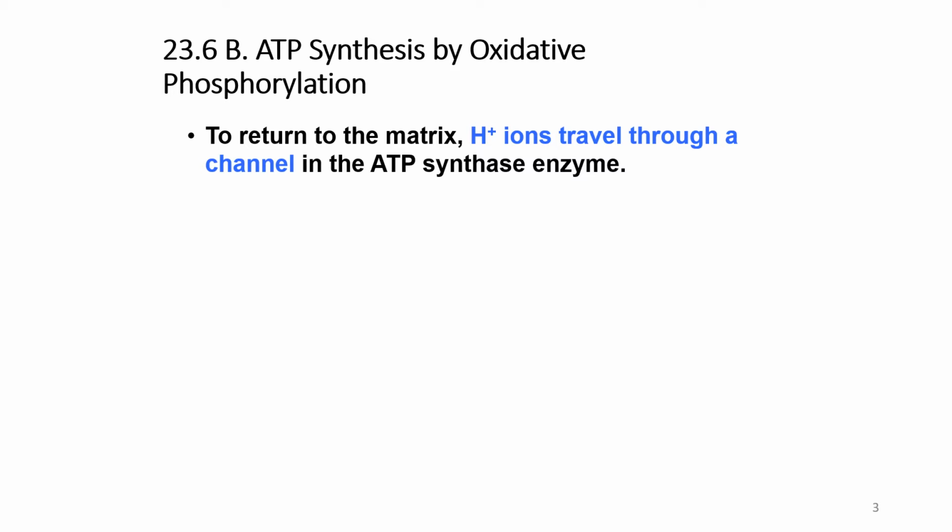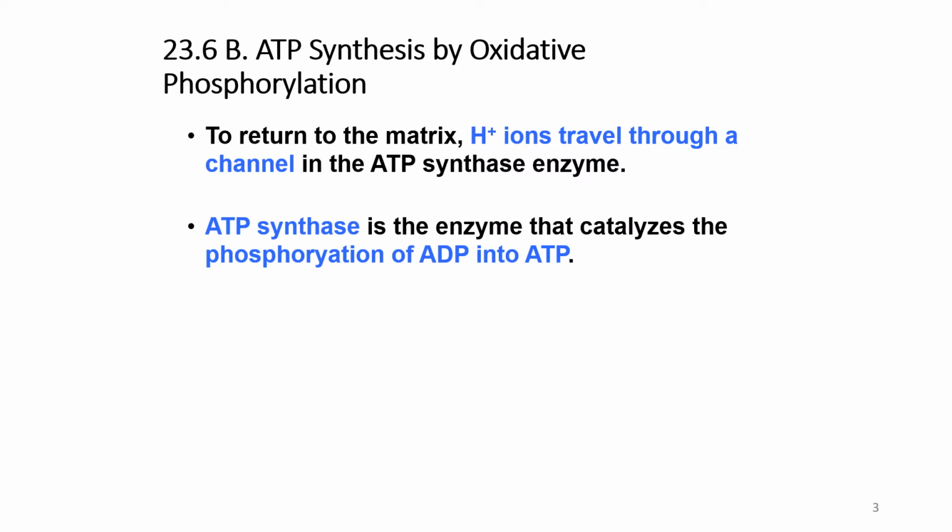But ultimately, when we get to a certain concentration in that gradient, the ions start traveling back through a channel, and this channel is called the ATP synthase enzyme. And this enzyme is responsible for producing ATP. Of course it does so by phosphorylation of ADP to ATP.